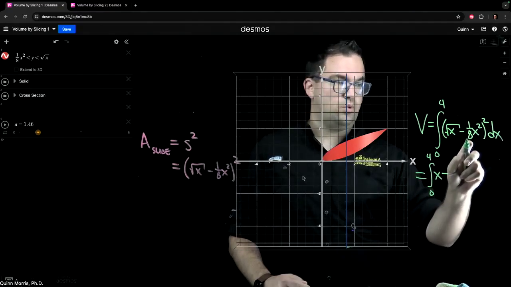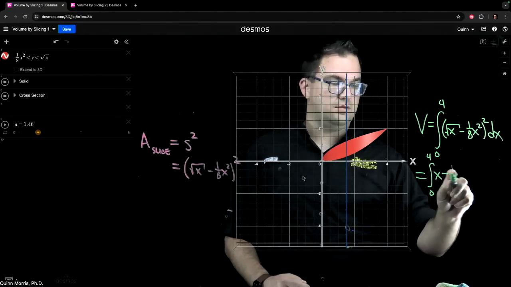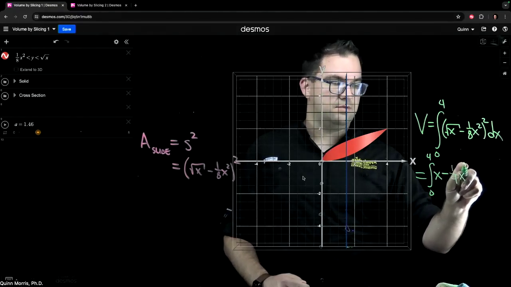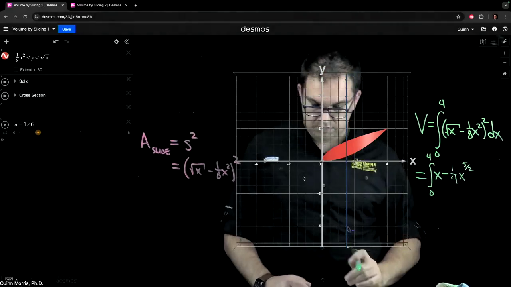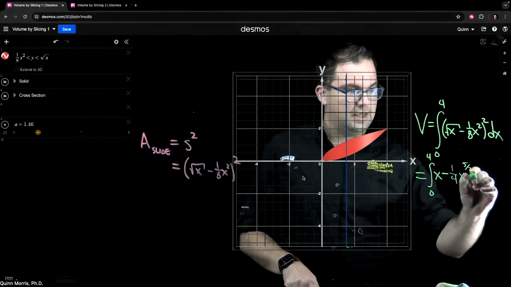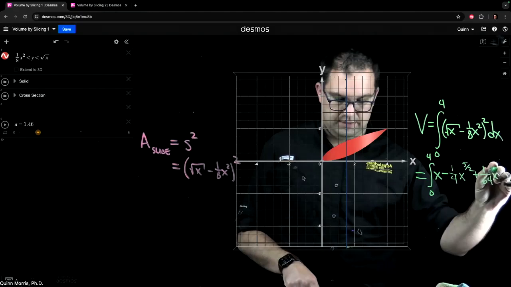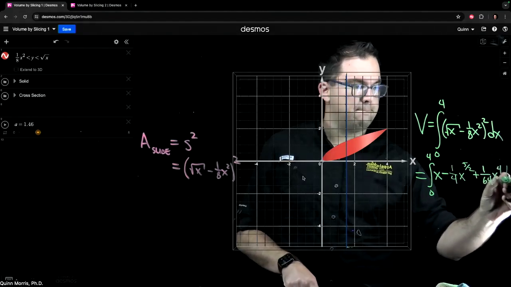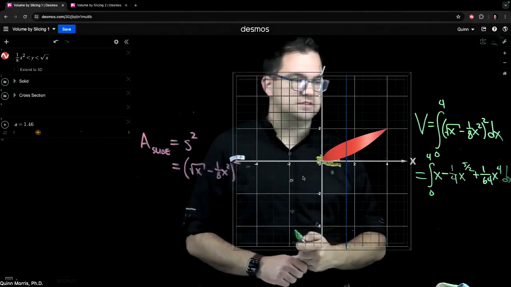So I get a minus 1/8 x to the 5/2, and then another minus 1/8 x to the 5/2. That'll give me minus 1/4 x to the 5/2. And then I will get a plus 1/64 x to the 4. My dx is right on the edge there, but hopefully you can see it.